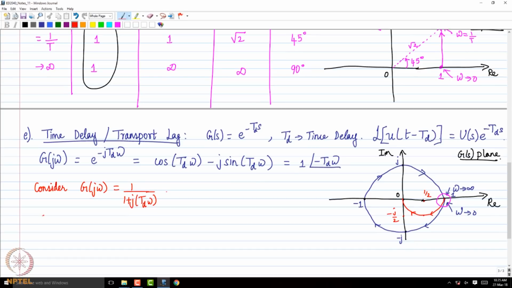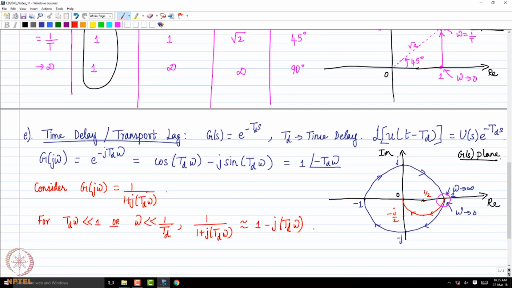So you can immediately see that for td omega very much less than 1, or omega less than 1 by td, the function 1 divided by 1 plus j td omega, not the magnitude, the function itself, I can approximate as 1 minus j times td omega, if td omega is very small.